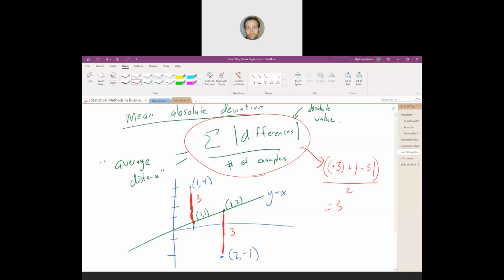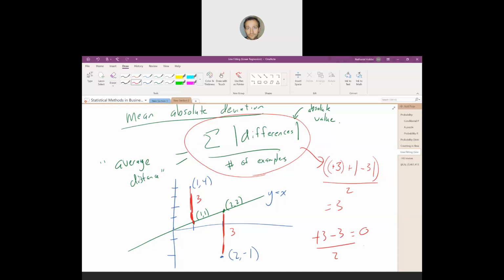And this is why you're taking the absolute value, because otherwise these would cancel each other out, right? You'd have a plus 3 and then you'd have a minus 3, which equals 0, and then you would have no error, because the line has some points exactly above it, the same way that it has points below it.